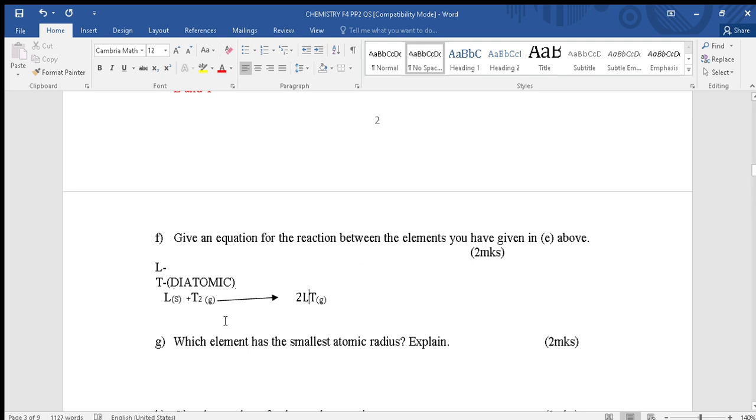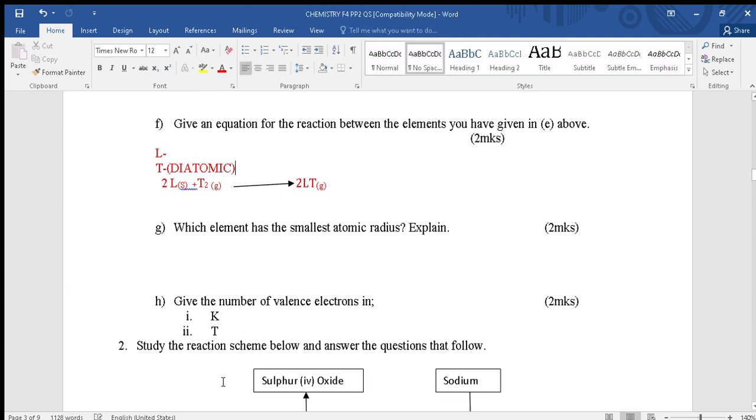Now when I write 2 there, remember L is also becoming 2. So here also I will put 2. So that is going to be the equation for that particular reaction. I'm also highlighting it so that you can note it very well. And this one, you can adjust it. If you see it is too tight, you adjust it so that it comes forward.